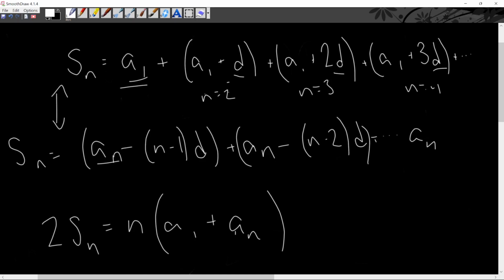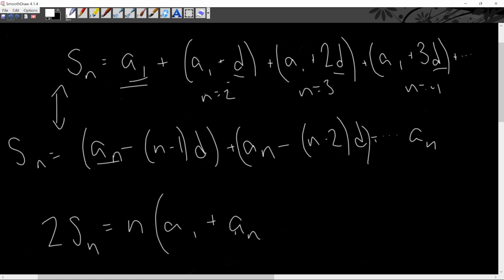If you add these, this becomes negative n plus d, right? And you're adding plus 2d and plus 3d. So these are going to be similar, but you're starting with the minus n minus 1, right?